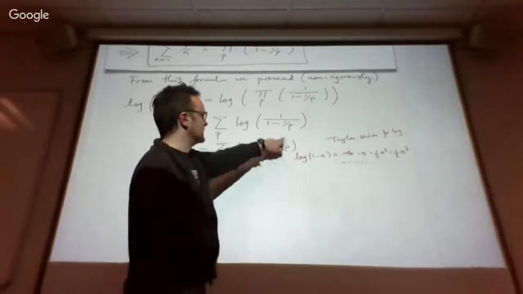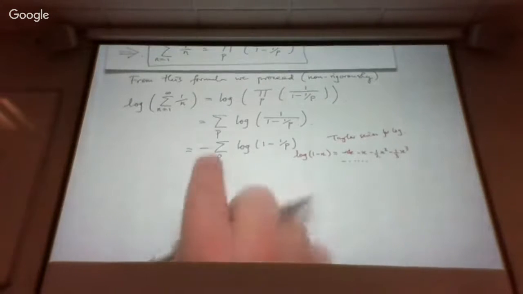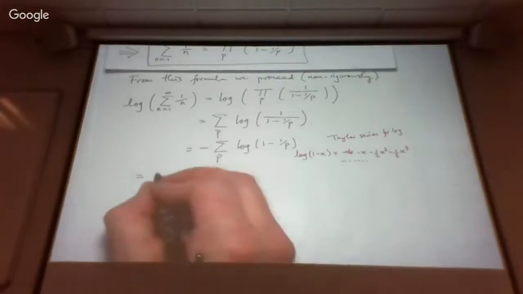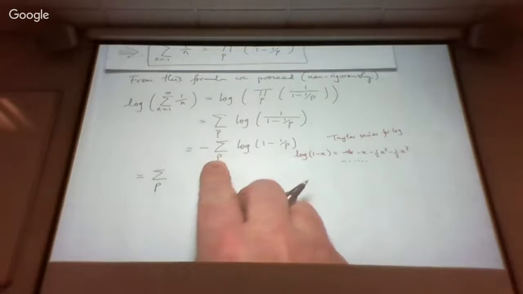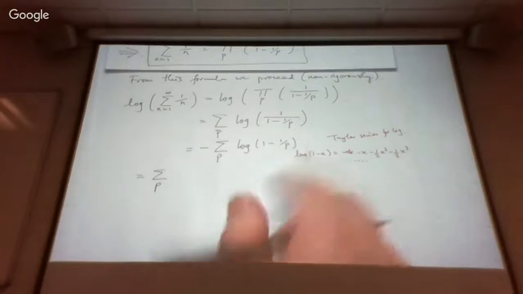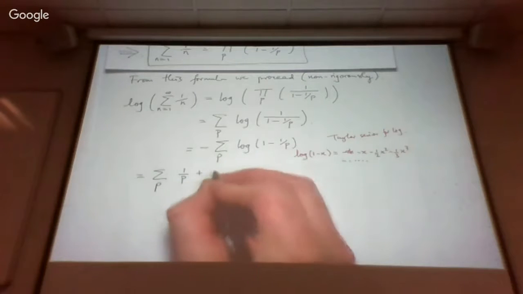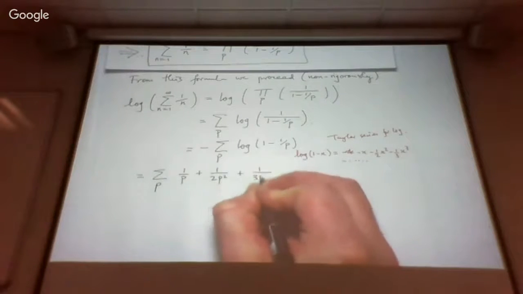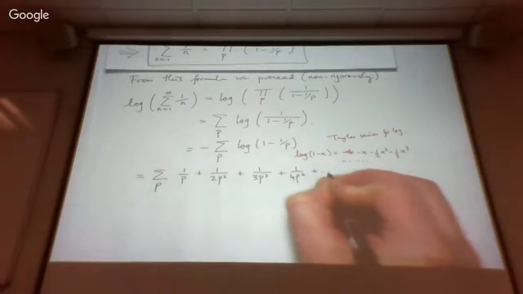But we're certainly in that case here, because we're talking about 1 over p. And this minus sign at the front turns them all into positives. I've still got my sum over p, but instead of the logarithm of 1 minus 1 over p, I have now this sum: 1 over p, plus 1 over 2p squared, plus 1 over 3p cubed, plus 1 over 4p to the fourth, and so on.